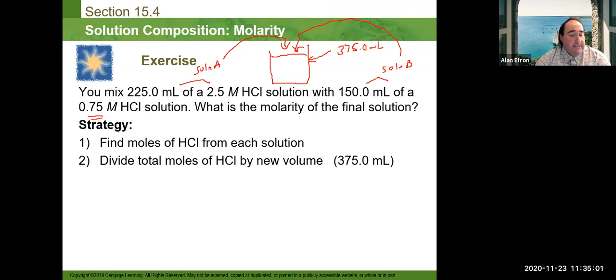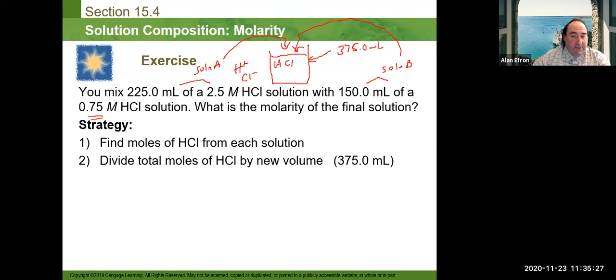Okay, so let's take a look and see how you're doing. As I mentioned, we're basically going to be dumping two hydrochloric acid solutions into the same container. They're each going to supply a certain amount of moles of HCl. Say we call the first one solution A, we dump it in, it supplies some HCl, which in reality is H pluses and Cl minuses floating around in that solution.